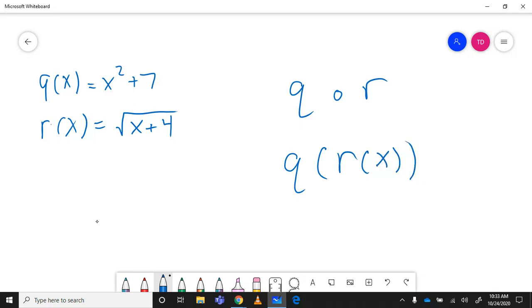In order to write that out, you write out the equation for q, but you replace the x, you replace your variable, your input, with the entire equation for r. And that would be the same as q of r.